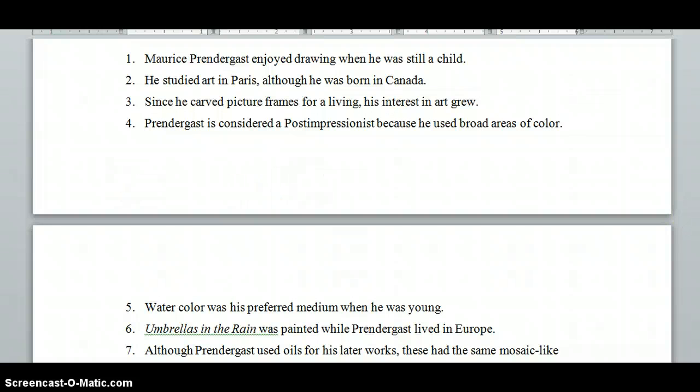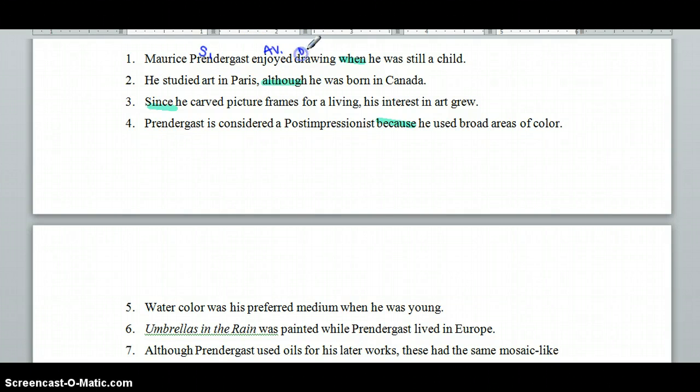If we focus on those subordinating conjunctions like when and although, since, because, it helps us see much more quickly. Maurice Prendergast, subject, enjoyed, action verb, enjoyed what?